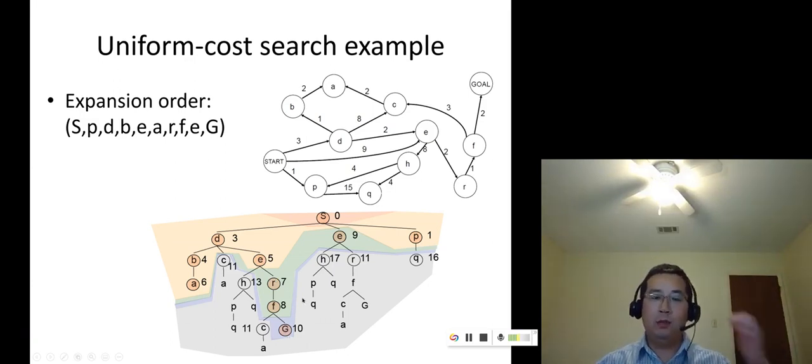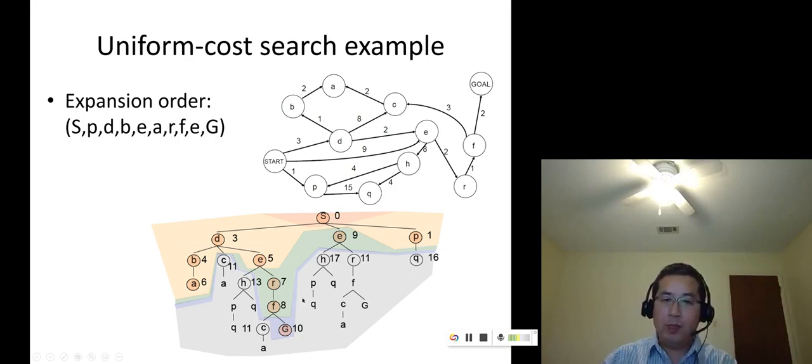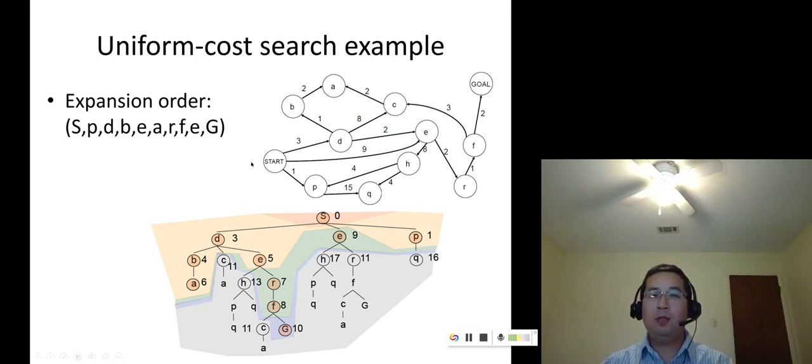This is the reason why you always maintain the reachable nodes with the shortest distances. In fact, when we find a goal, you don't only find one path to the goal, your shortest path. You find all the shortest paths to all the nodes which have been visited, so you can recover.